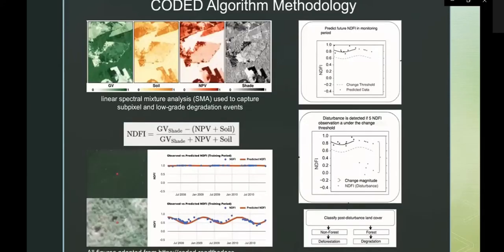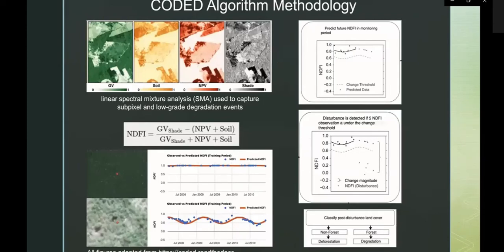Now let's go over the methodology within the CODED tool. CODED can be run as a GUI, so you do not need to know all of these details to use the tool, but I think it's helpful to know, especially when you want to adjust the parameters to better fit the region you are analyzing. All Landsat imagery is automatically pre-processed to mask out clouds.